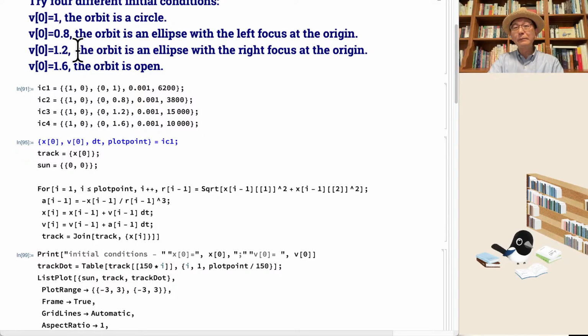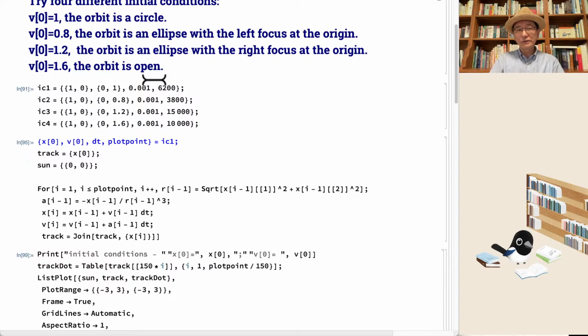And what happens if V is slightly less than 1 or slightly larger than 1? Then you get an elliptical orbit, but with different characters. And finally, if I really push the speed to 1.6, which is larger than square root 2, the total energy of the Sun-Earth system is then positive.